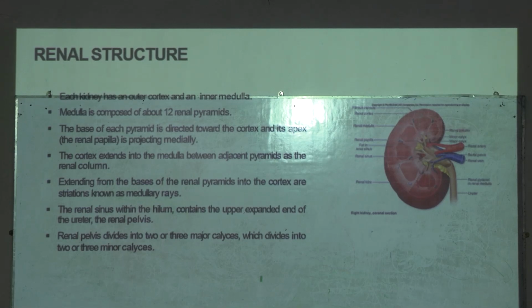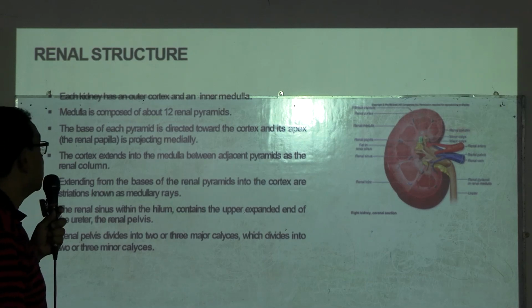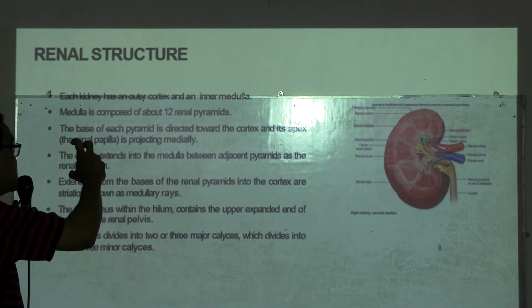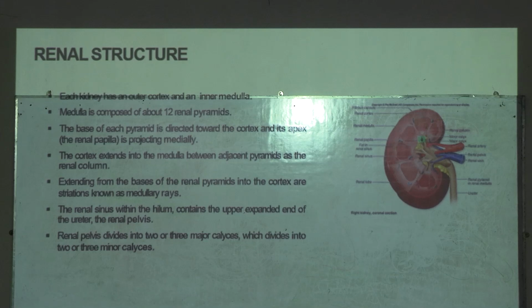And they open into cup-shaped structures. They are called the minor calyces.